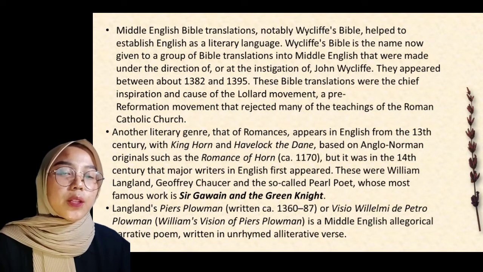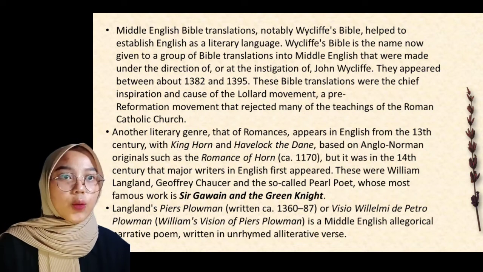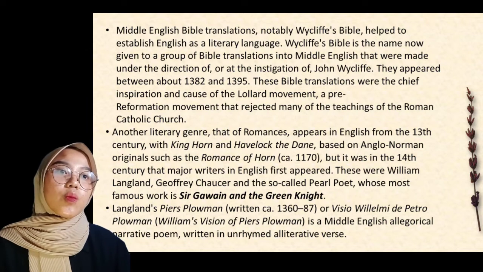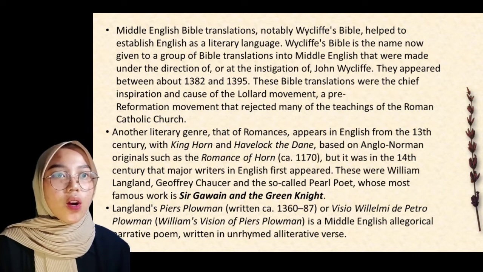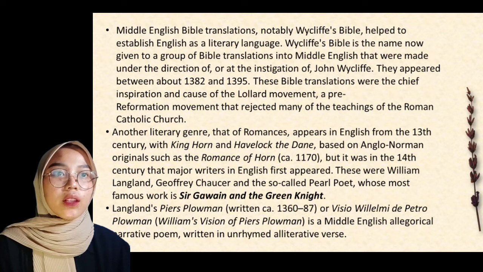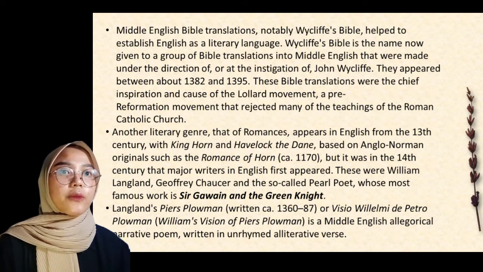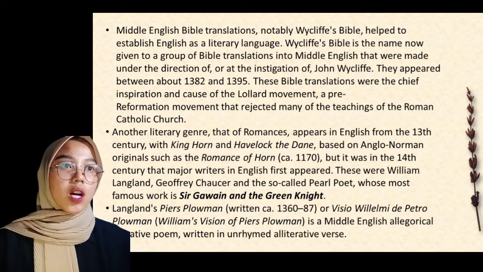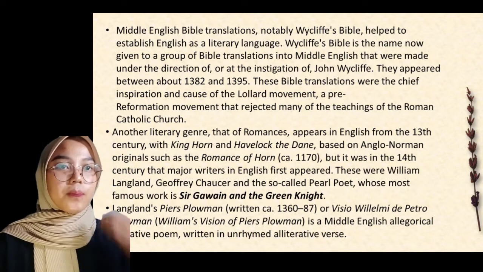They appeared between about 1382 and 1395. These Bible translations were the chief inspiration and cause of the Lollard movement, a pre-Reformation movement that rejected many of the teachings of the Roman Catholic Church.